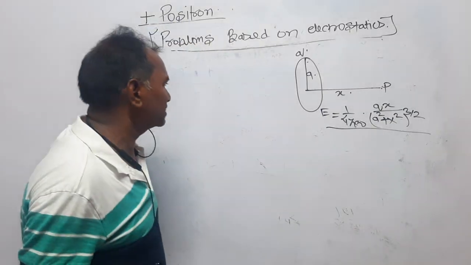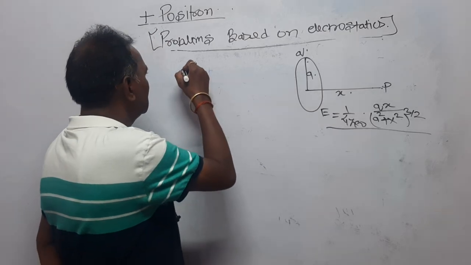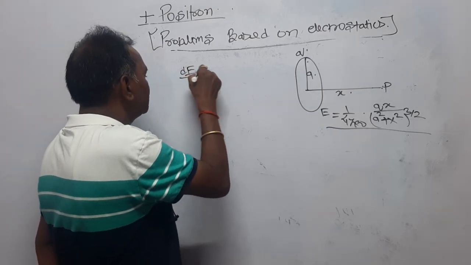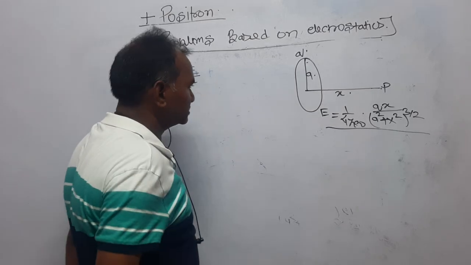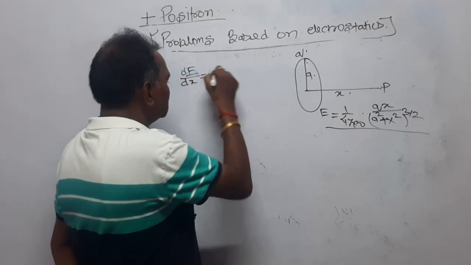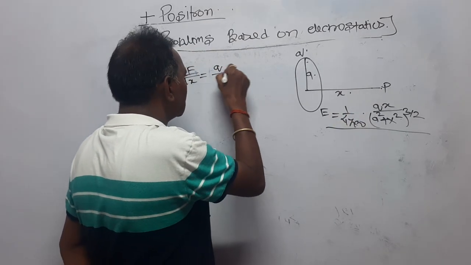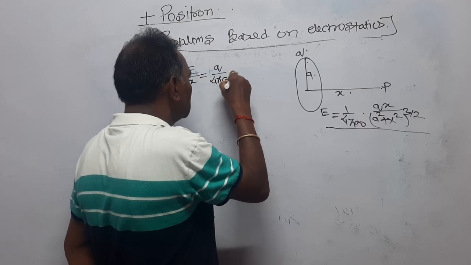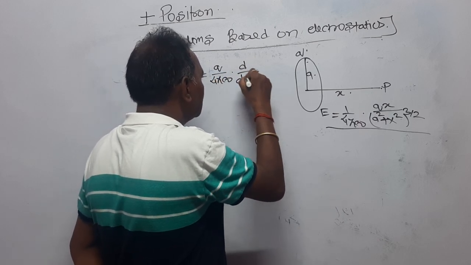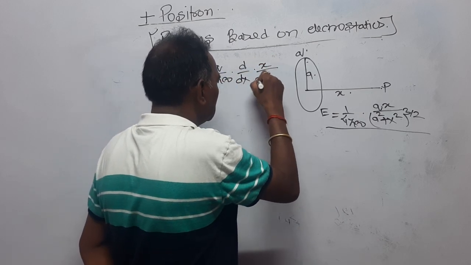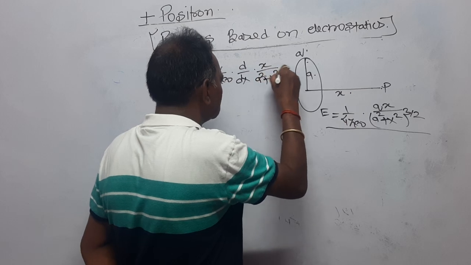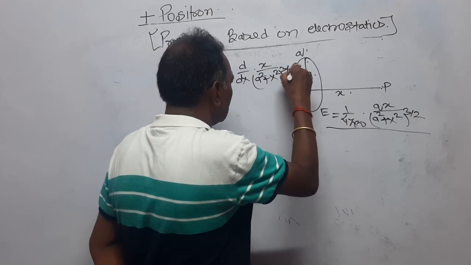In order to find that, let's find dE over dx, differentiating with respect to x. Now dear student, q over 4 pi epsilon naught are all constants, so take them out, and find d by dx of x over a square plus x square to the power 3 by 2.